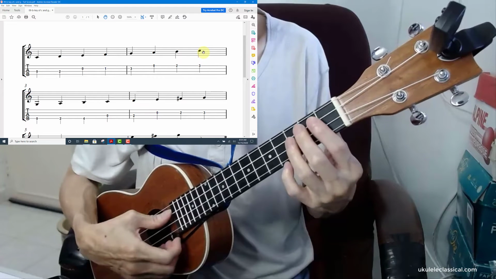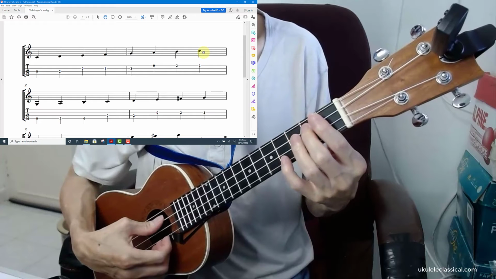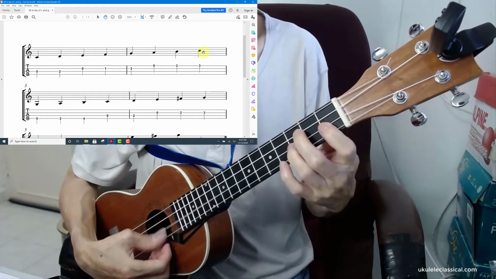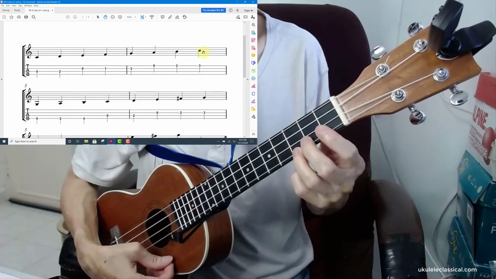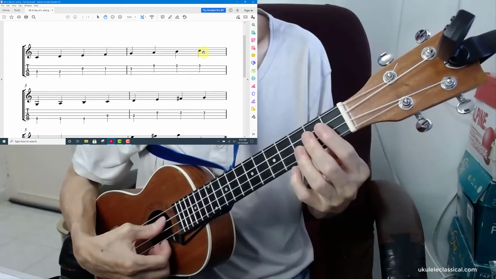So from this we can create many melodies. C, D, E, F, G, A, B, C. You could play all with the thumb, just the thumb alone.